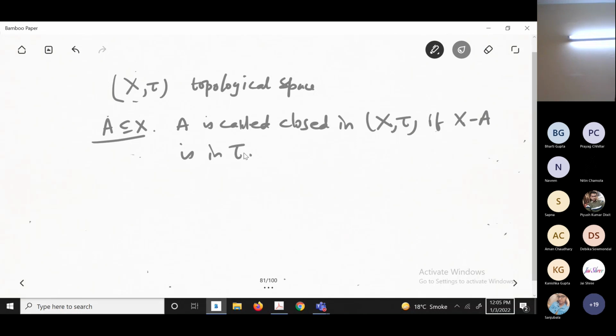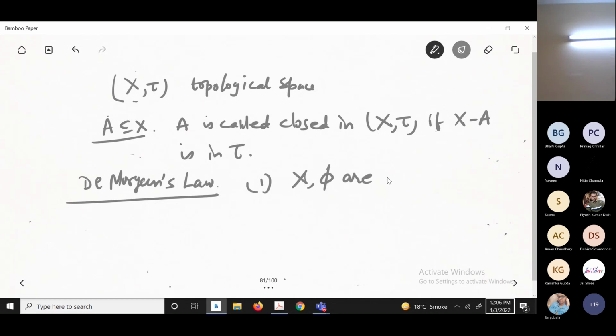Okay, so since it is coming through complement, if we apply De Morgan's law, in this case you will get one, X and phi are closed sets.